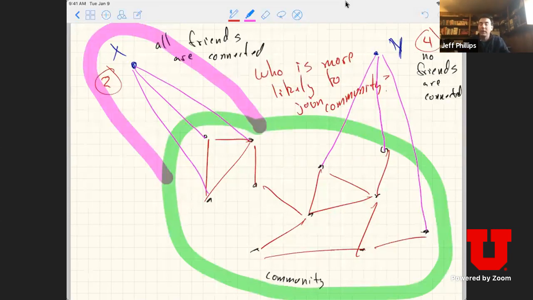Xavier is more likely to join. So these tightly connected subgroups are a really important feature. These tightly connected groups tend to form, and they're more attractive than these independent supports.